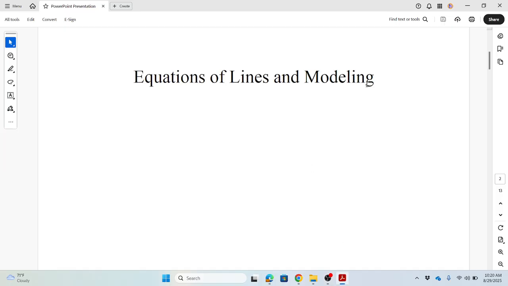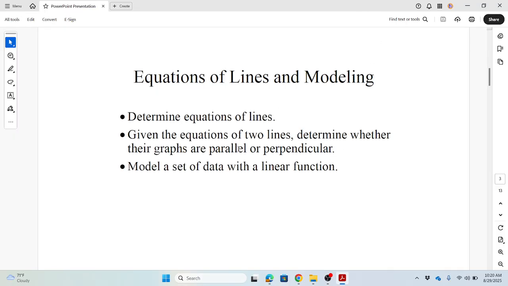Okay, in this section we're going to discuss the equation of lines, which is linear equation. We already started discussing linear equation, and we'll discuss more about these lines. So these are the objectives.